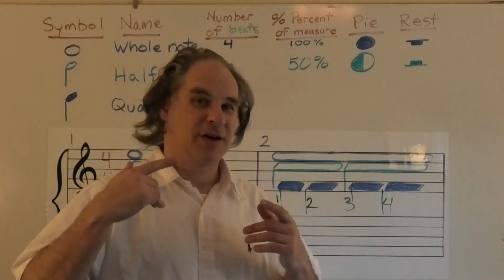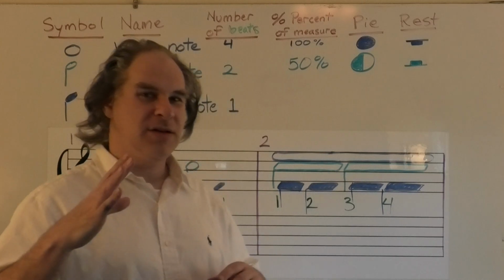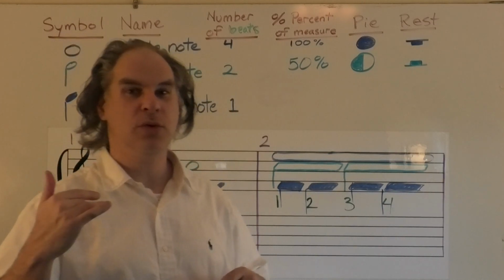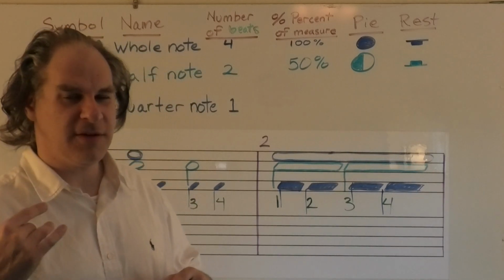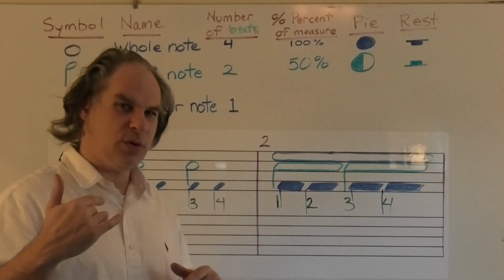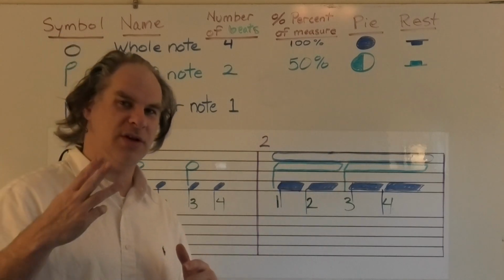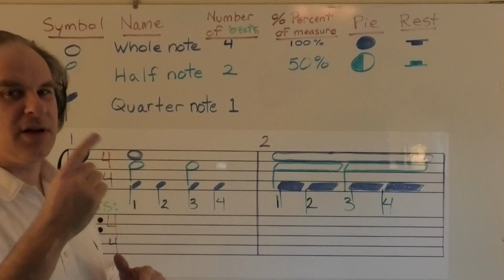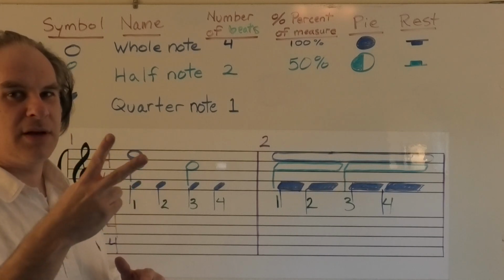I'm counting to 4. 1, 2, 3, 4. 1, 2, 3, 4. 1, 2, 3, 4. 1, 2, 3, 1, 2, 3, 4.